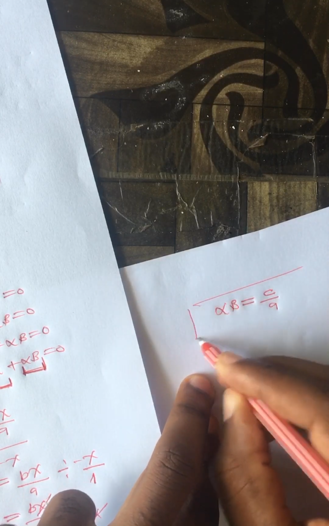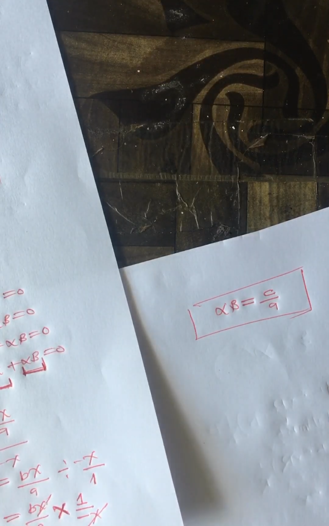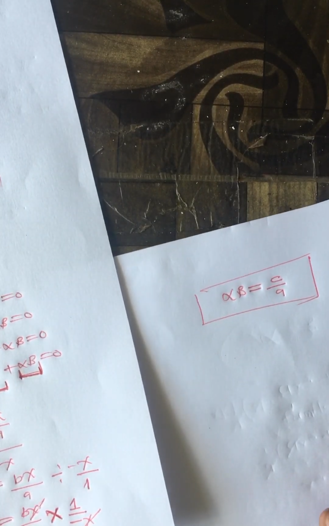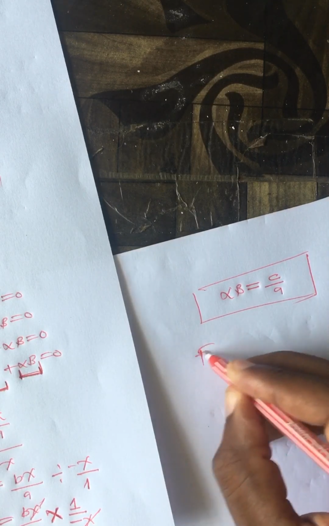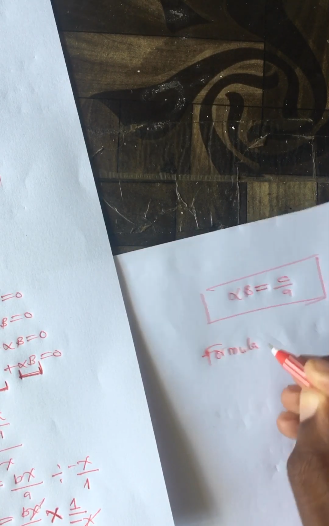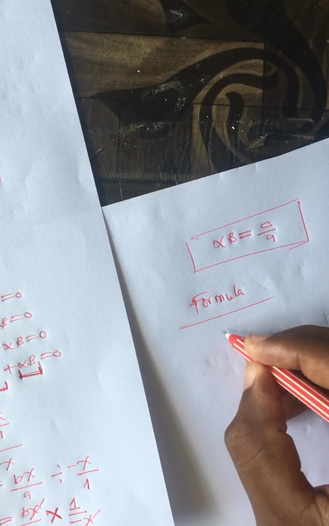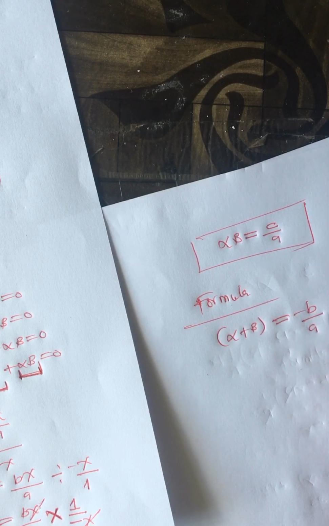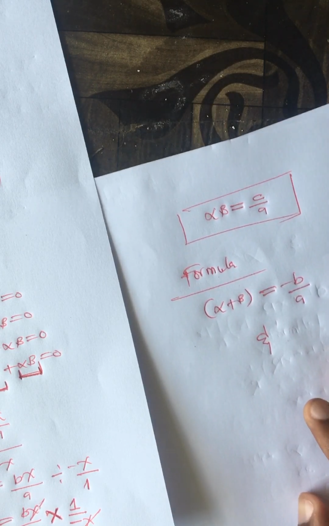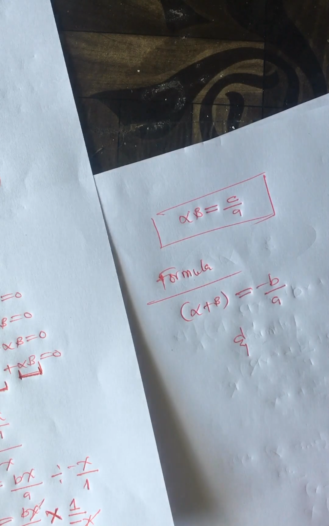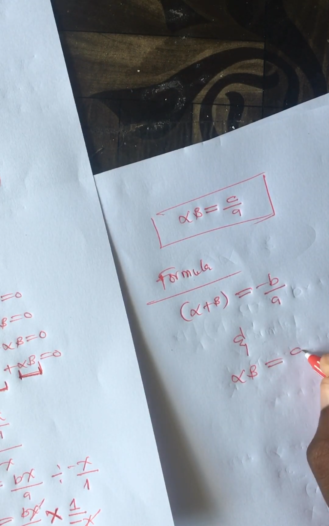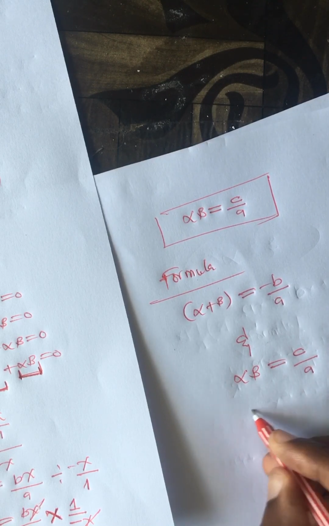For this one, there's nothing like solving or coming up with it; it is direct. So the formulas which you have derived are alpha plus beta equal to negative b over a, and alpha beta equal to c over a.